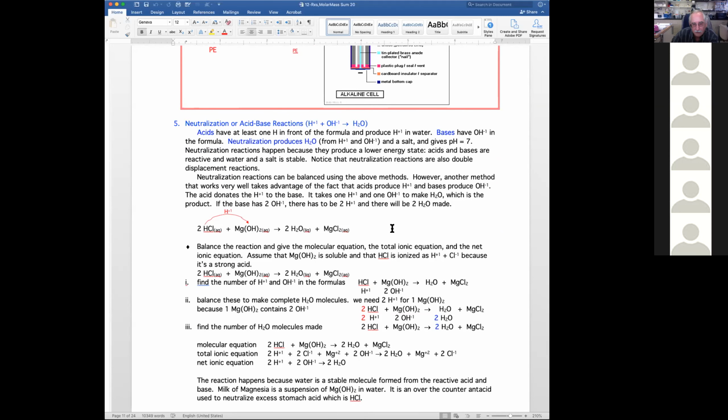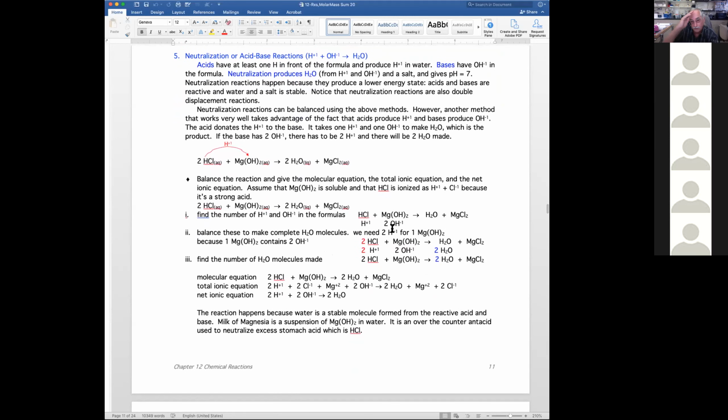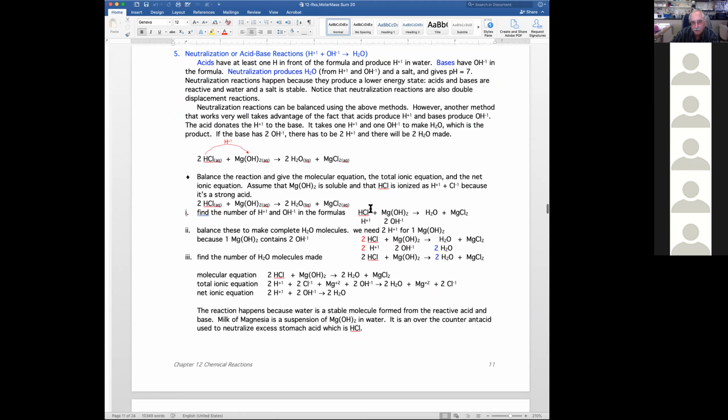But the way that I taught you to balance these that is different than the other ones is taking advantage of the fact that acids give H plus, bases give OH minus, and they love each other. So they're going to form water, right? Very stable. Here I've got 2 hydroxides, so I'd have to put a 2 here so I can get 2 hydrogen ions. And when I do that, I'll get 2 water molecules. So here's the balanced reaction.